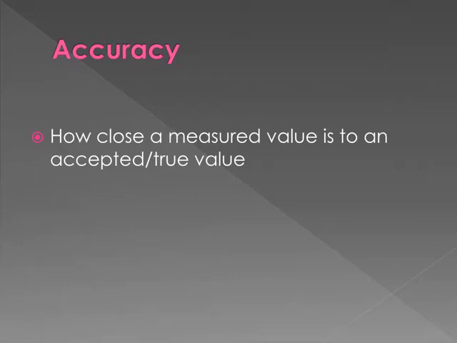How close your measurement is to whatever your true value, whatever your calculated value would be. Like if you're measuring boiling point, how close your measured value is to the boiling point. If you're getting 120 degrees, that's probably not very accurate. But if you're getting 101, that's much better. Okay?